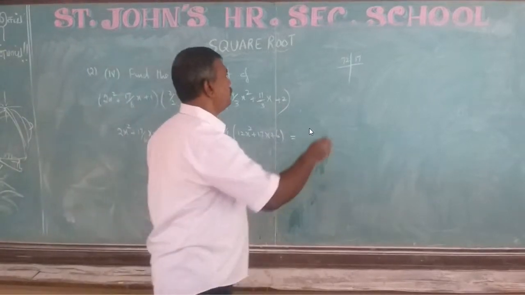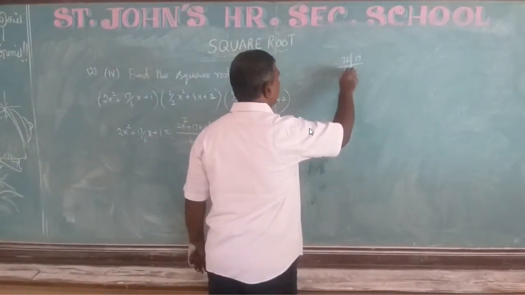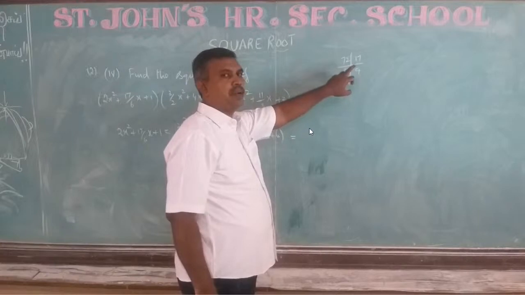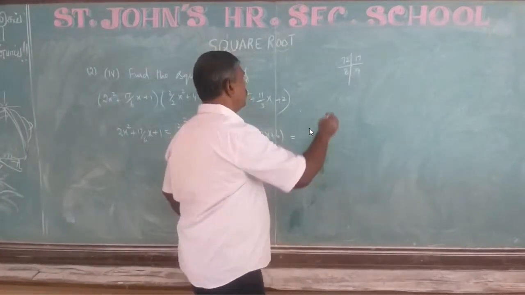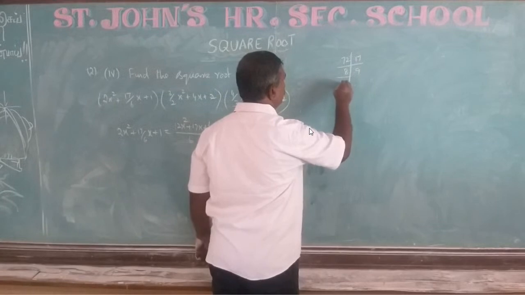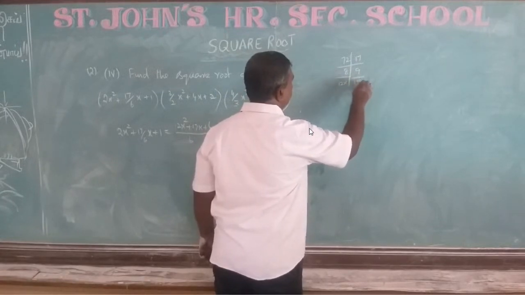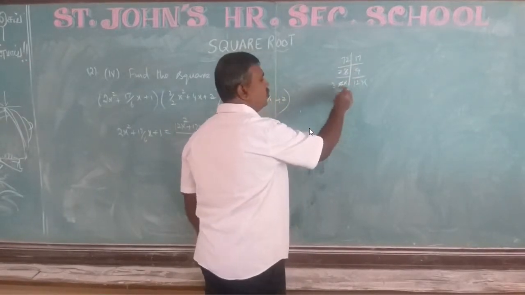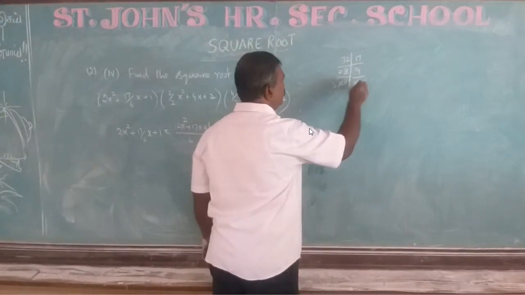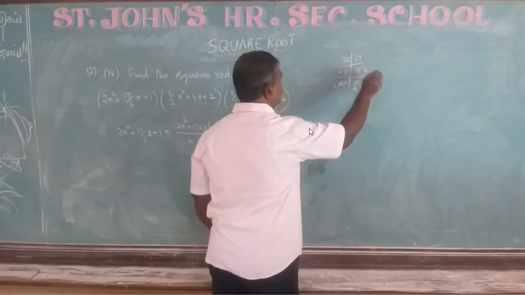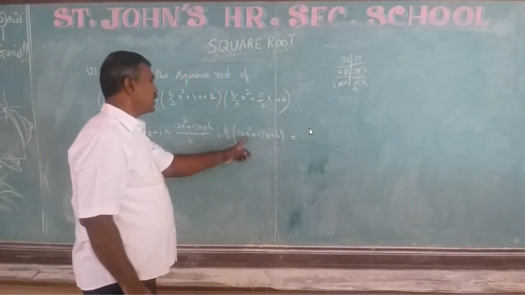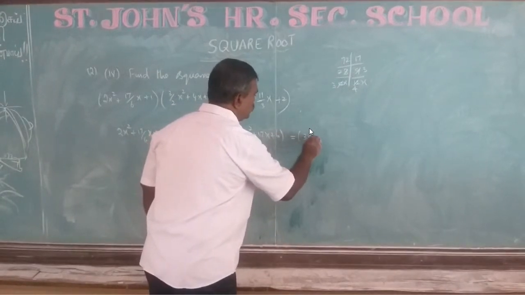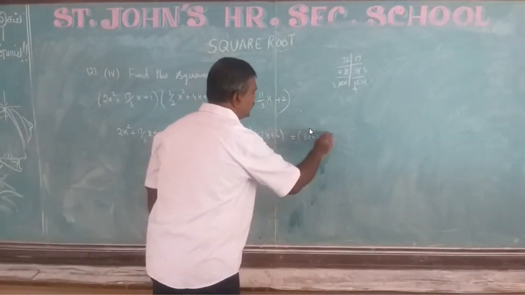The numbers are 9 and 8: 9 into 8 is 72, and 8 plus 9 is 17. Divide by the first value, 12, and cancel the values. 2 into 4 is 8, 3 into 4 is 12. Therefore, the first expression can be written as (3x plus 2) into (4x plus 3).